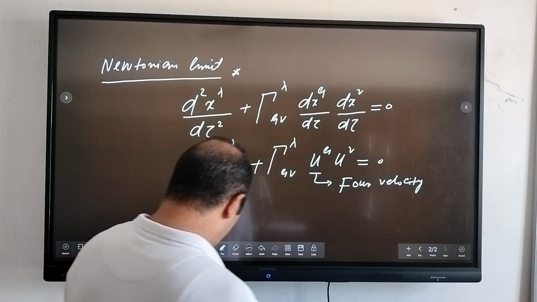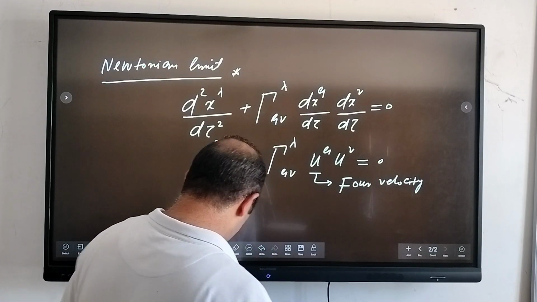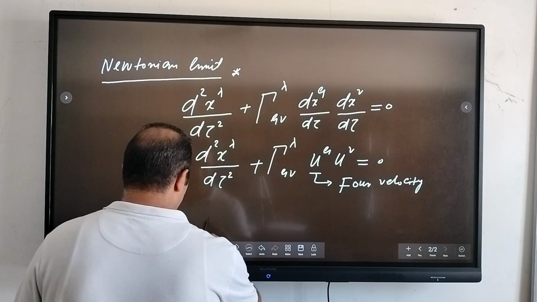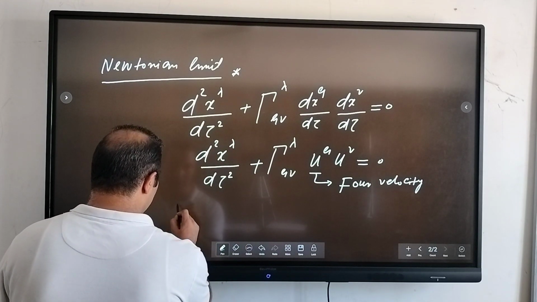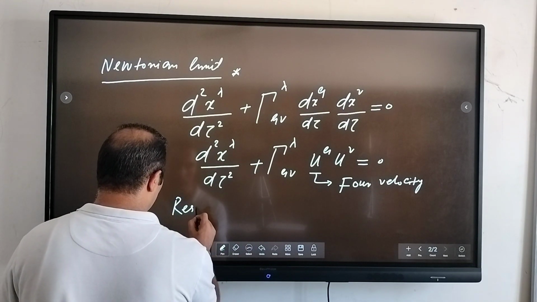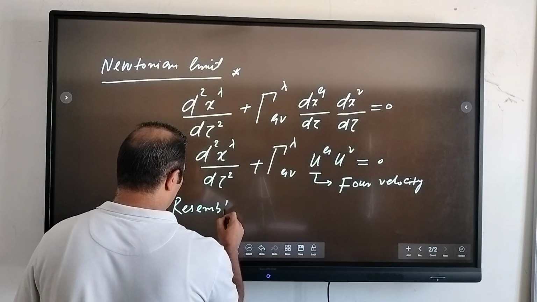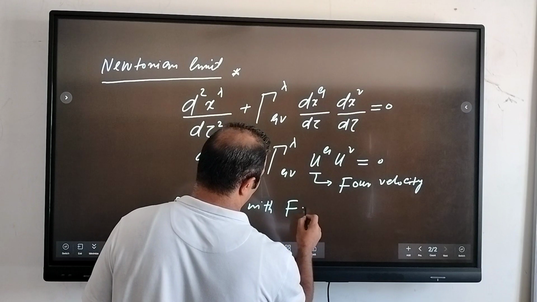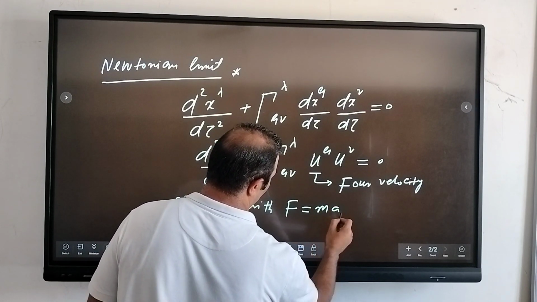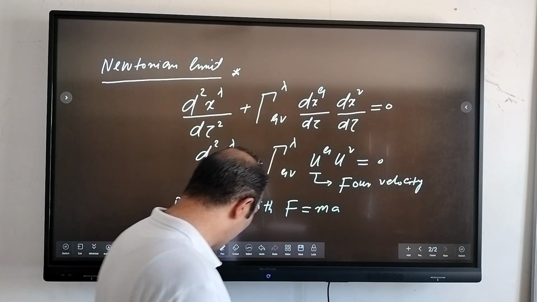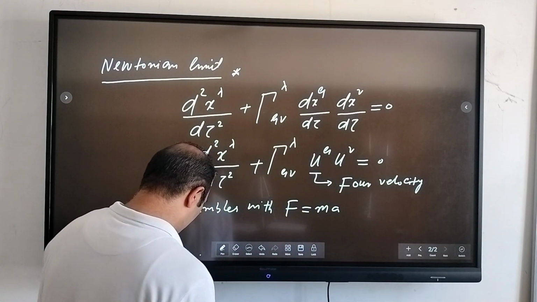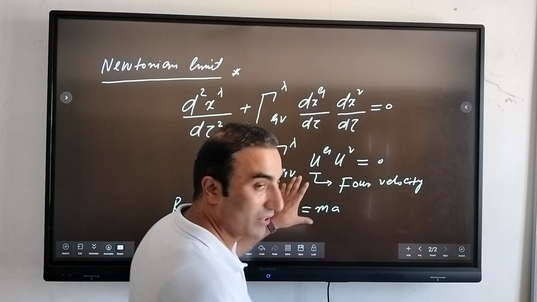Now, if you have a look at this equation, this equation resembles the free fall of an object, we can say that. So this resembles the equation where we can say that the force is due to the gravity here, right?